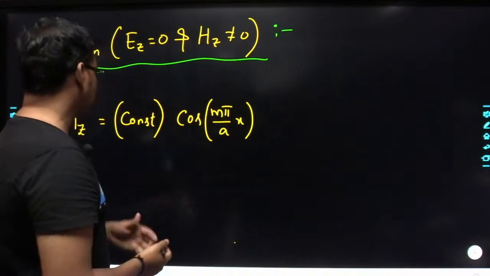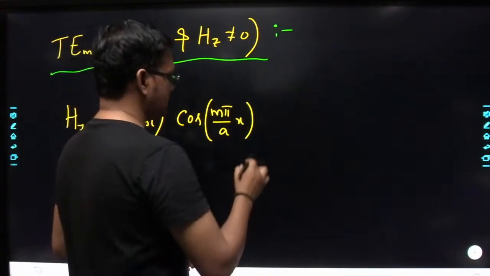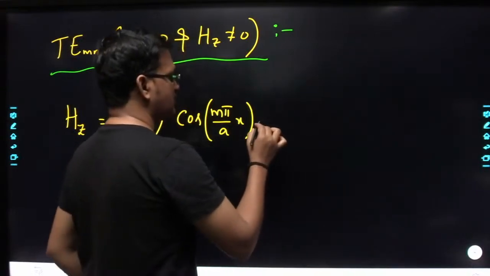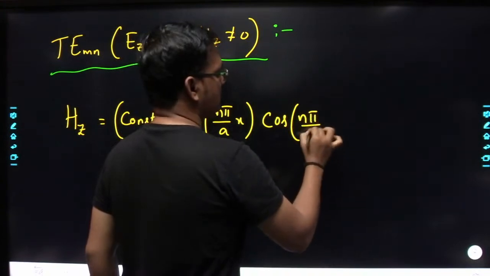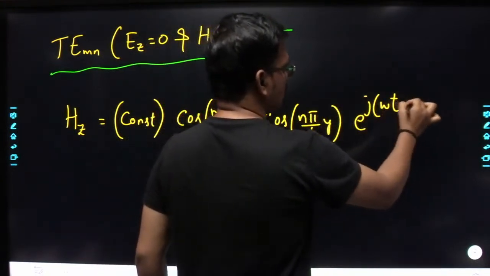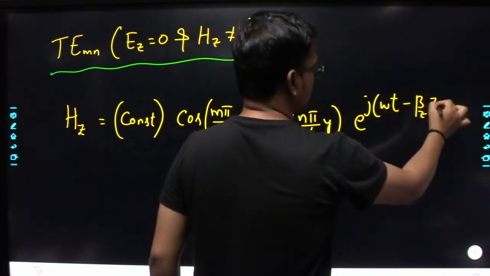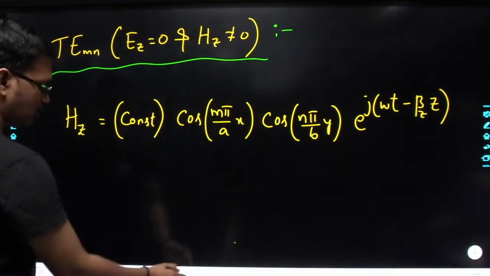Similarly, it must be maximum at y equal to 0 and y equal to b plates, so it must be a cos function, cos of n pi by b into y, into e power j of omega t minus beta z into z.